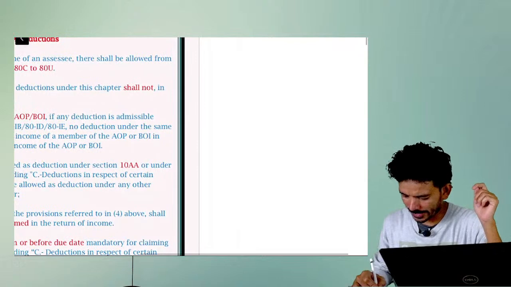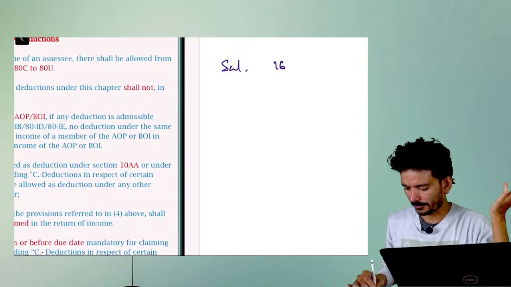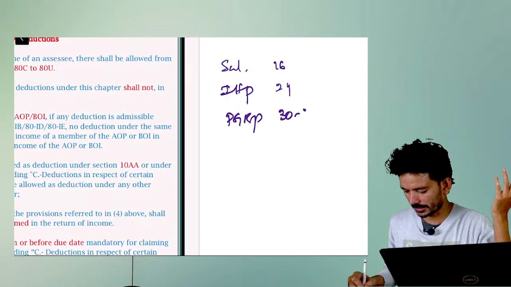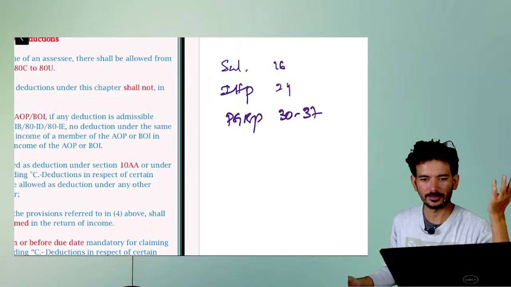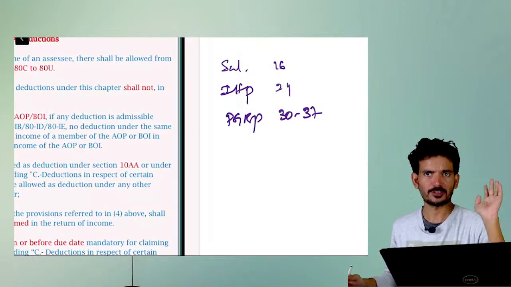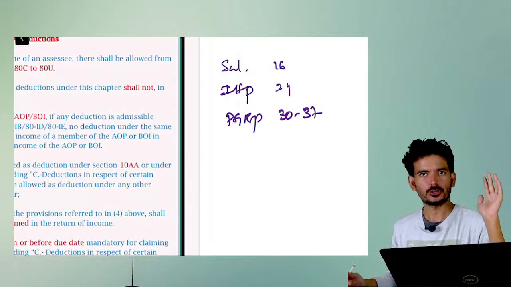Put another way, for salary we have separate deductions, for income from house property we have separate deductions, for PGBP we have separate deductions like sections 30 to 37 and related provisions, and for capital gain also, like section 54, you have separate deductions, and for other sources also you have separate deductions.